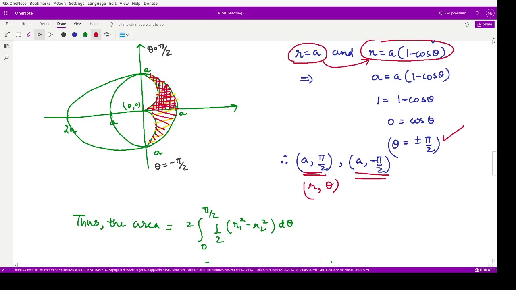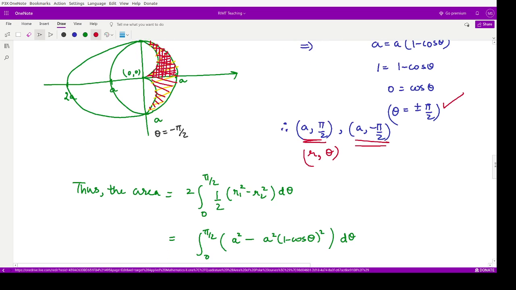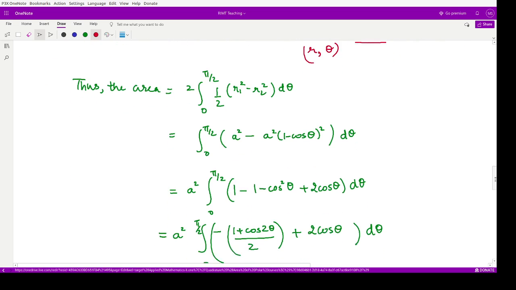So it would be 2 times 1 by 2 integral of r1 square minus r2 square. So what would be this r1? R1 is this circle, that is given to be a, and this cardioid, that is r2, is given to be a into 1 minus cos theta. So this is given to us, and we can substitute these values.